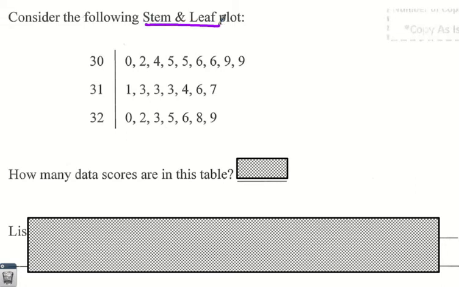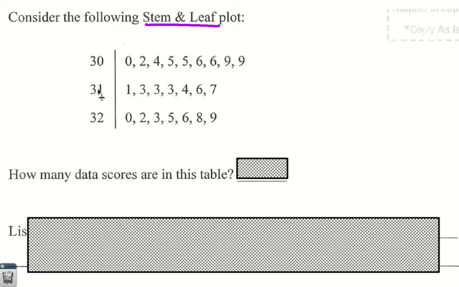stem and leaf plot. So what we have here is what we call a stem and leaf plot, where we're giving you a list of numbers in a certain way, and over here is what we would call the stems, and over here would be all the leaves, so to speak, for this stem, and these would be all the leaves that all go with this stem.